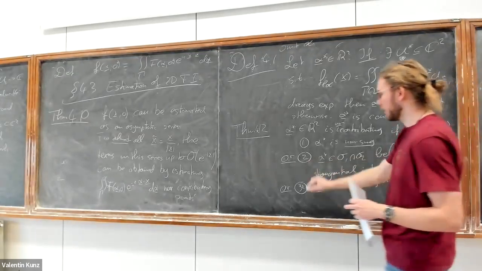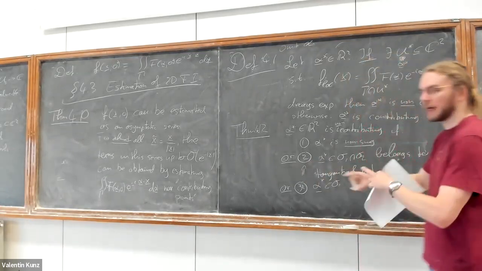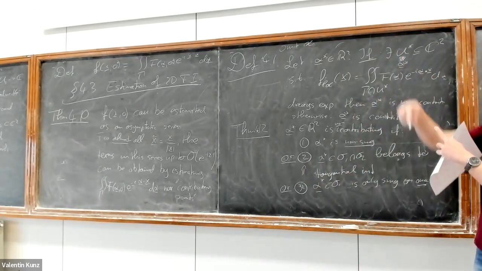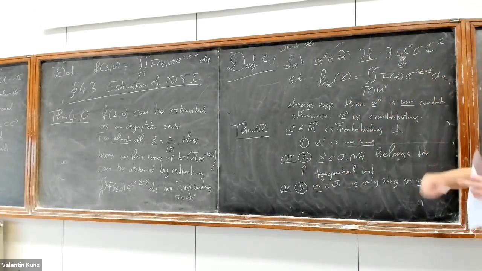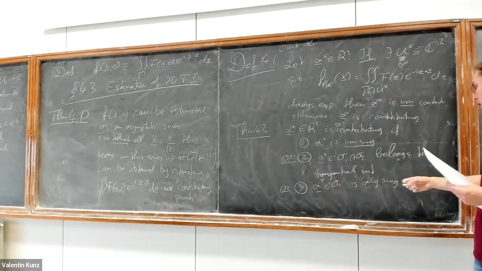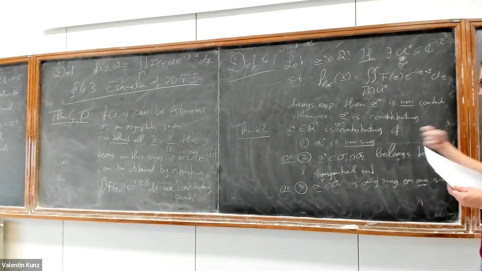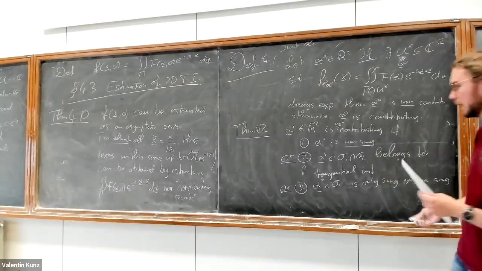And I should have written it down the other way, because this implies that. Because at this one point, when it's tangential, it is essentially a single singularity because they touch tangentially. So if it is one singularity, it's not contributing. If it belongs to a tangential intersection, it's not contributing.